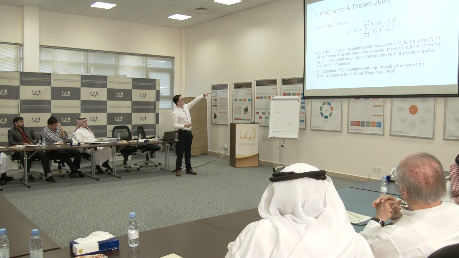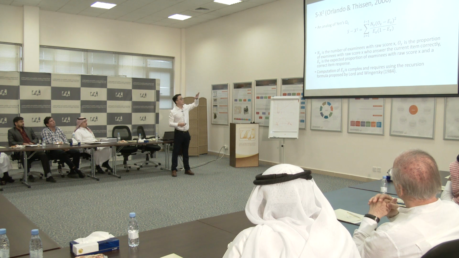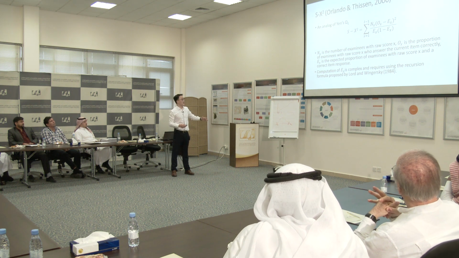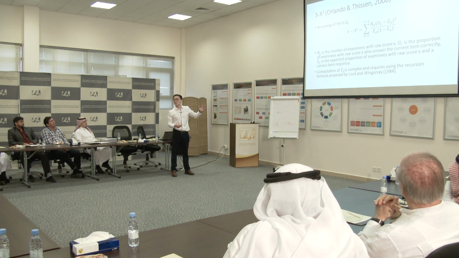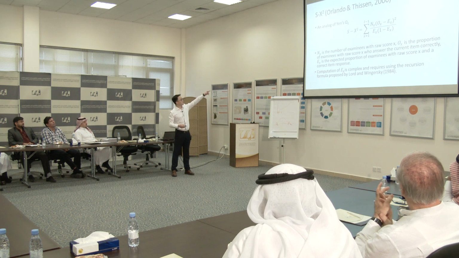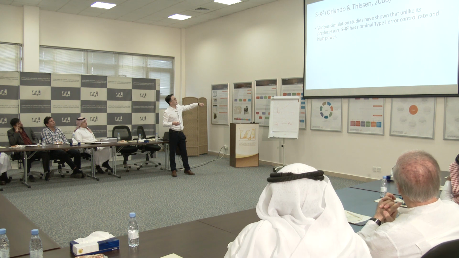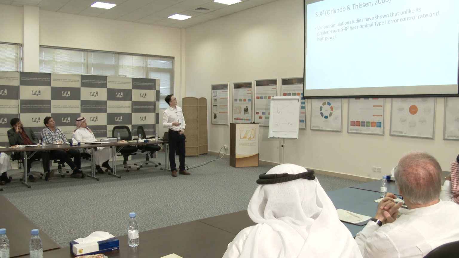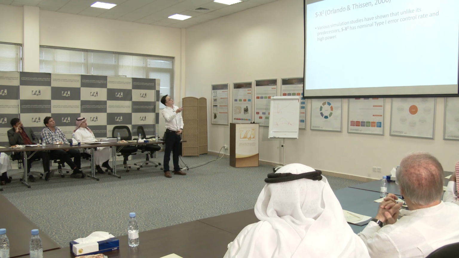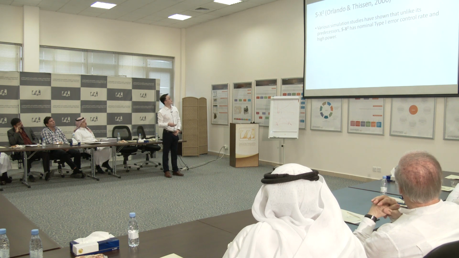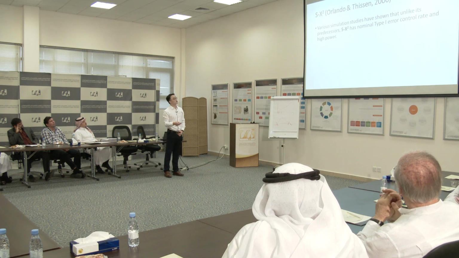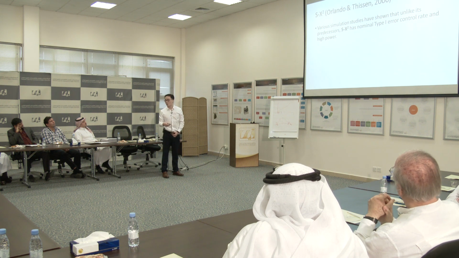So the bottom line is this one is theoretically superior. It's superior. And it's not implemented in Excalibur, okay? Sorry, I kind of bore you guys with this technical part, but I feel I have to explain that a little bit. Various simulations have shown that unlike its predecessors, S chi-square has nominal Type I error control rate and high power.